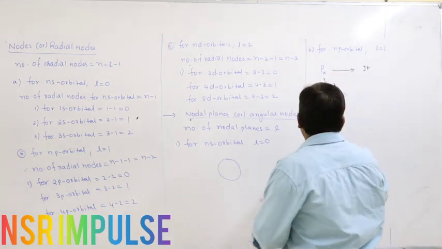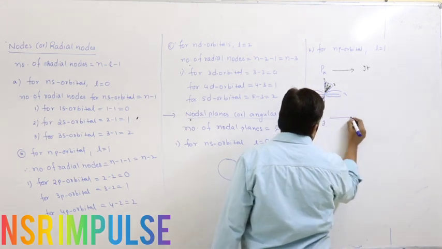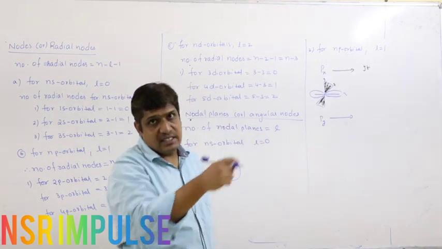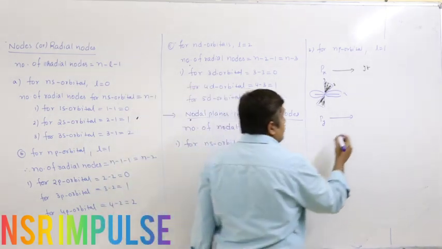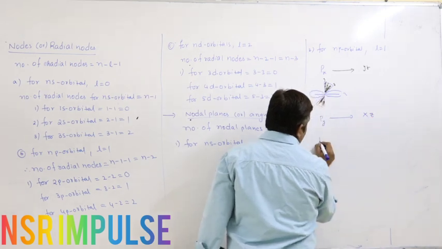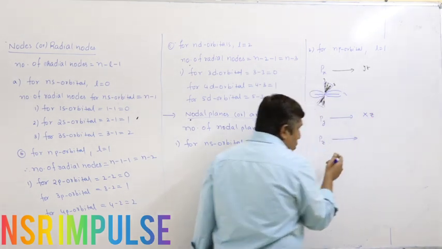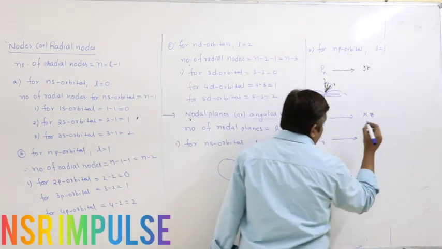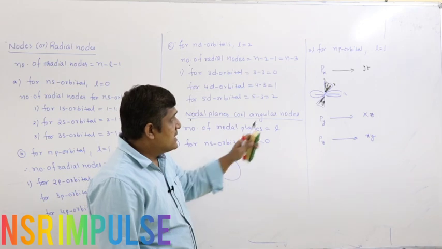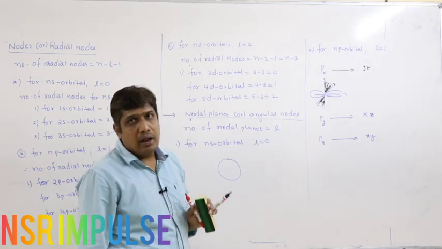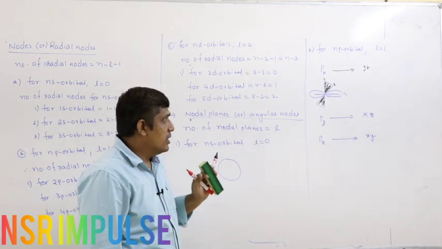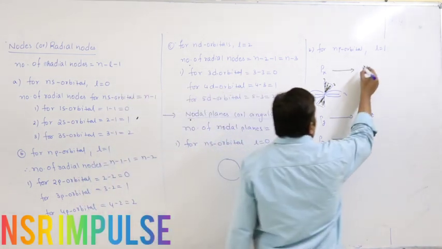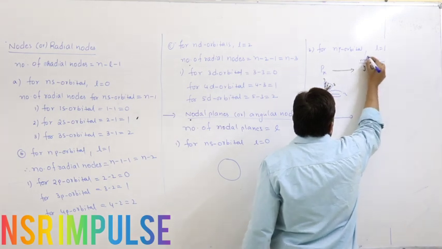Similarly, for the py orbital, what will be the nodal plane? Here the lobes orient along the y axis, therefore the xz plane. Similarly for pz, the lobes orient along the z axis, therefore the xy plane is the nodal plane. So each p orbital has one nodal plane: px yz plane, py xz plane, pz xy plane.